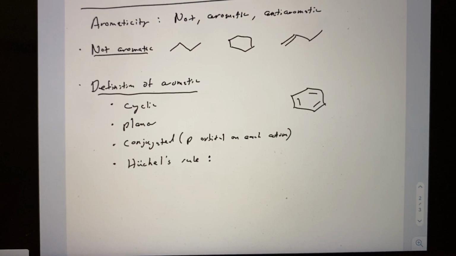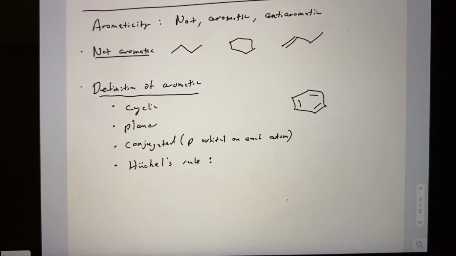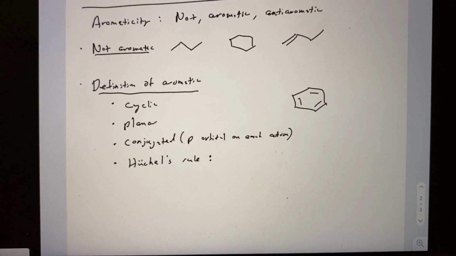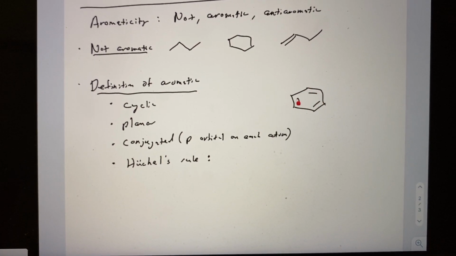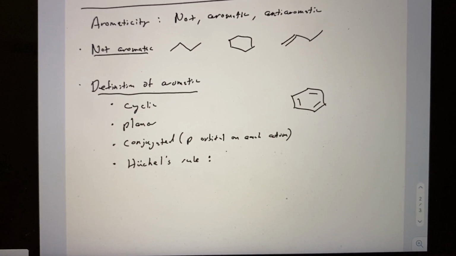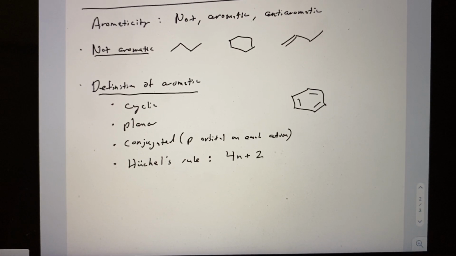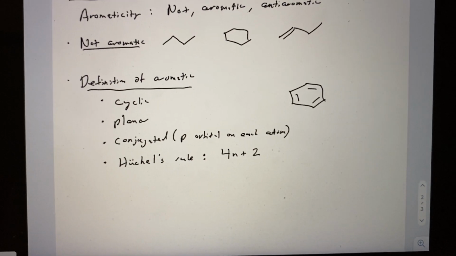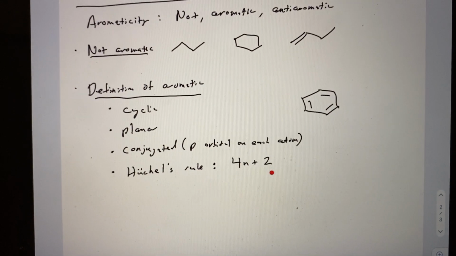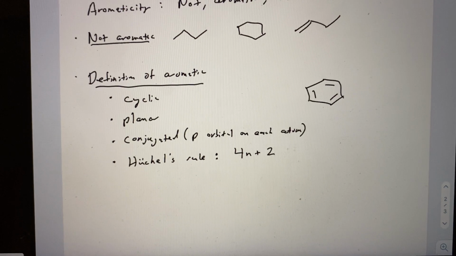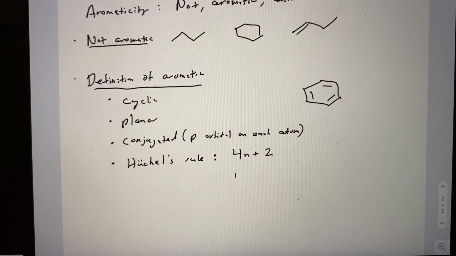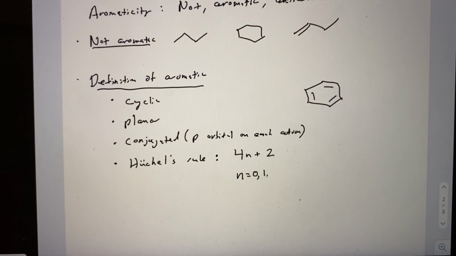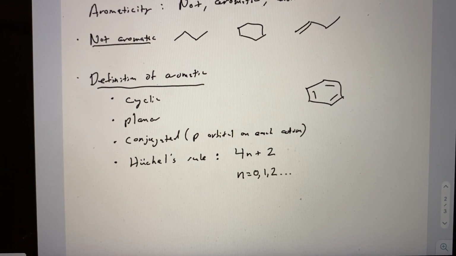Huckel's rule states that a compound will be aromatic if the number of electrons in this pi system is equal to 4n plus 2. This is pretty much the level of math that we're going to see in this class. So the number of electrons has to meet this 4n plus 2. N can be any integer, so n can equal 0, 1, 2, and so on.